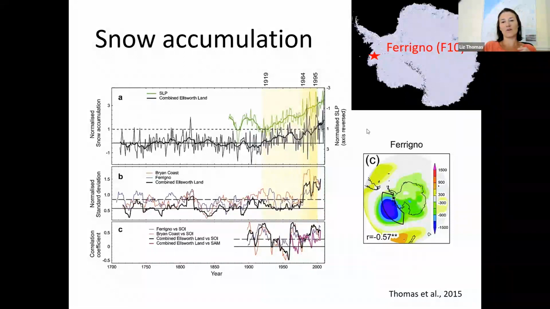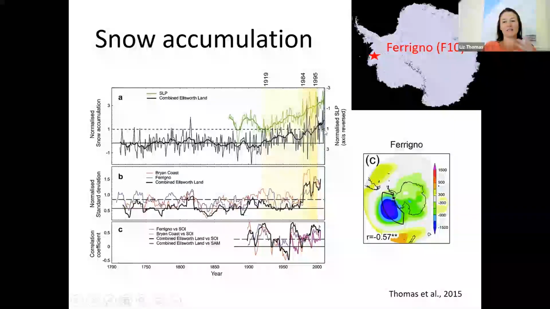And that's why we see these very big changes. So it's this interplay between the different modes of variability that's been really important, and potentially explains why we see such dramatic changes during the latter part of the 20th and into the 21st century that we didn't experience during the previous couple of hundred years.